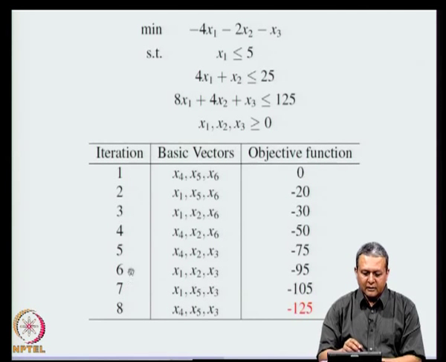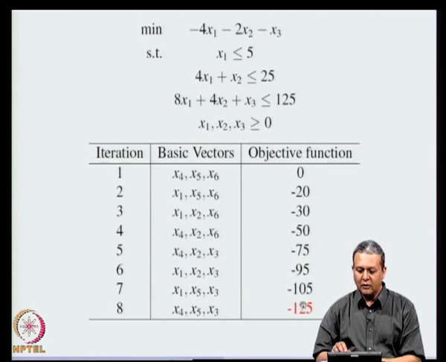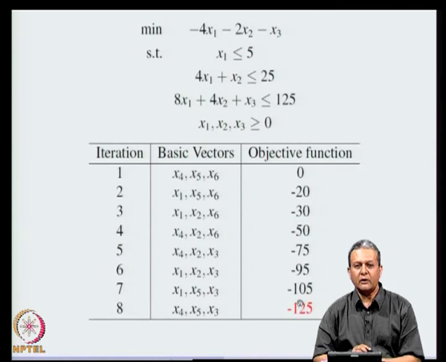And you will see that at the end of the 8th iteration, that means after visiting all the 8 vertices, the simplex method gives us the optimal solution, which has x4, x5 and x3 as the basic vectors, and the optimal objective function value is minus 25.